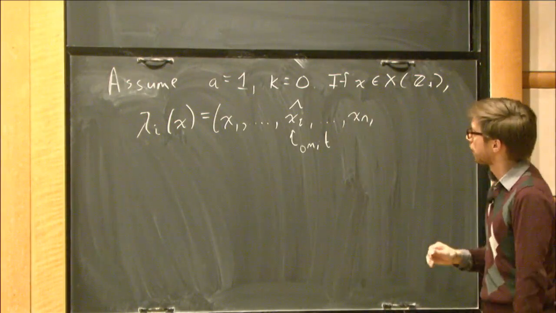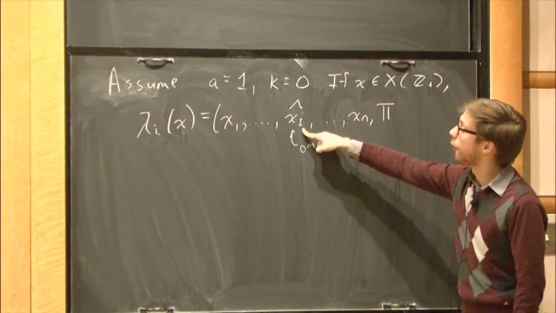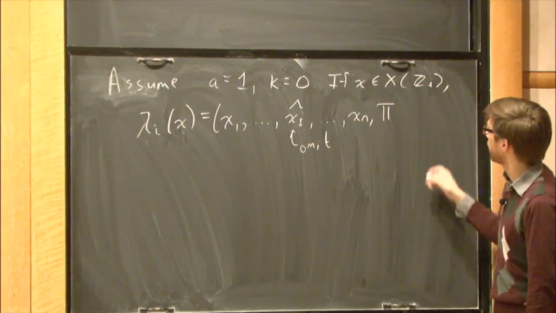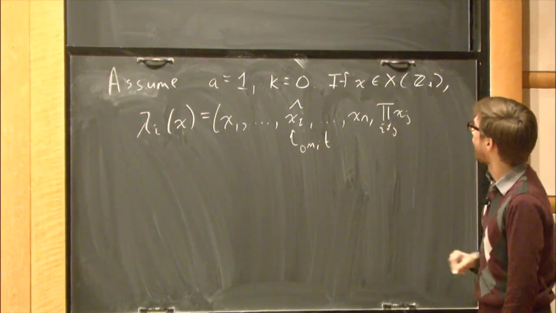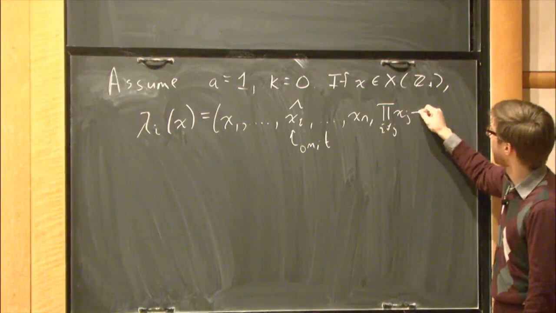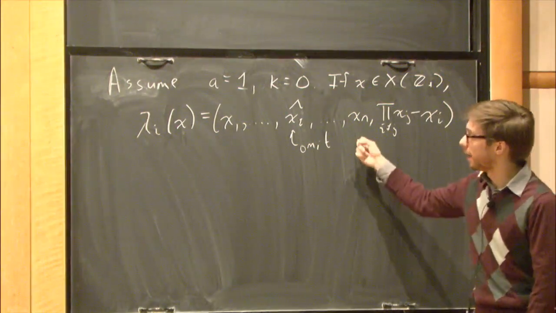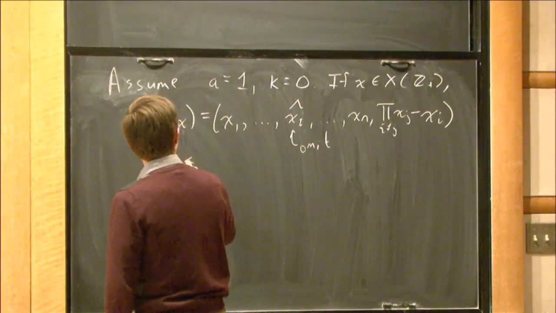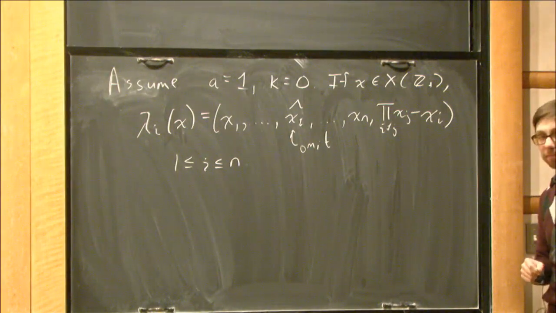I slide all of the other coordinates down, and my new last coordinate is going to be the other root of that equation. This is the product of the xj with j not equal to i, minus the original ith entry. And these moves make sense when i is between 1 and n.